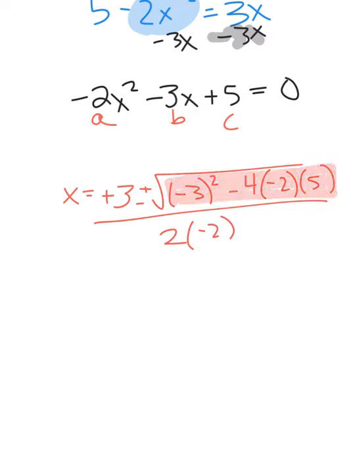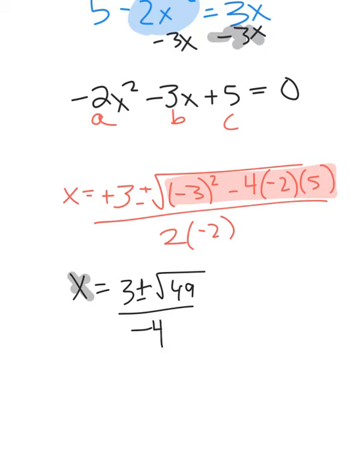Be mindful that when negative 3 gets squared, it's positive 9. And when negative 4 gets multiplied by negative 2, that becomes positive 8. So under our square root, we end up with 49. So I will just rewrite x equals 3 plus or minus square root of 49 all over negative 4.